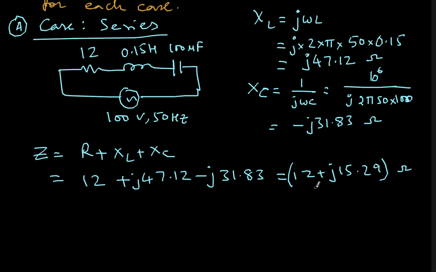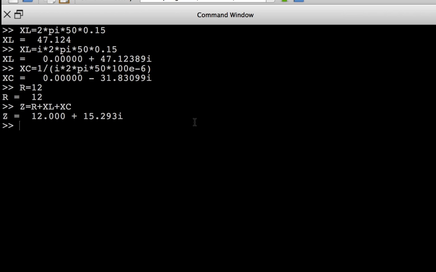Now I might express this in the form of polar coordinates. So that is 12 plus j 15.29. Let's say ABS of Z, comma, so I just display both as a matrix, angle of Z. So this I'll multiply by 180 and divide by pi. I do this because I want to get the angle in degrees.